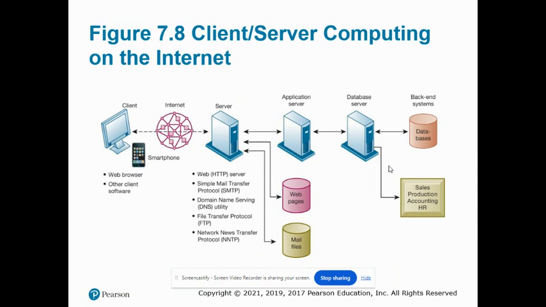This graphic looks at the services that an internet server computer can offer: websites, HTTP, email, SMTP, file transfer, FTP, newsgroups, NNTP. It illustrates where on the path between client and back-end systems these services lie.